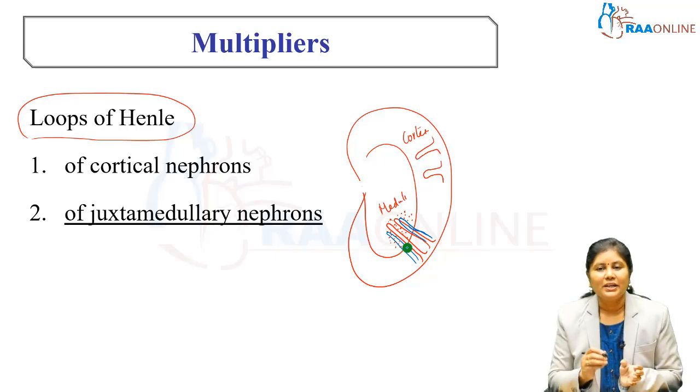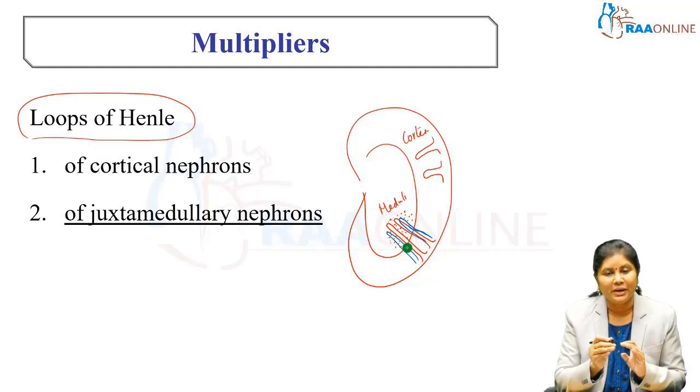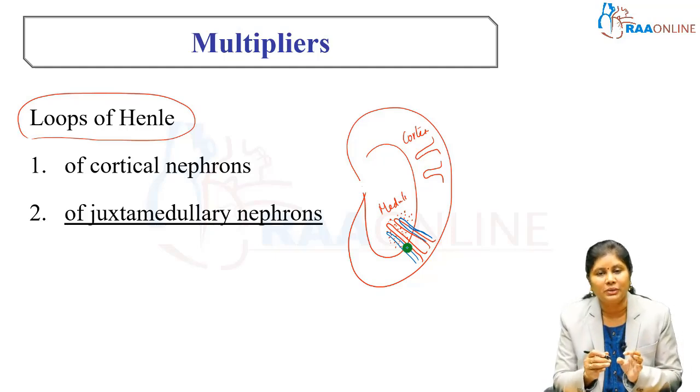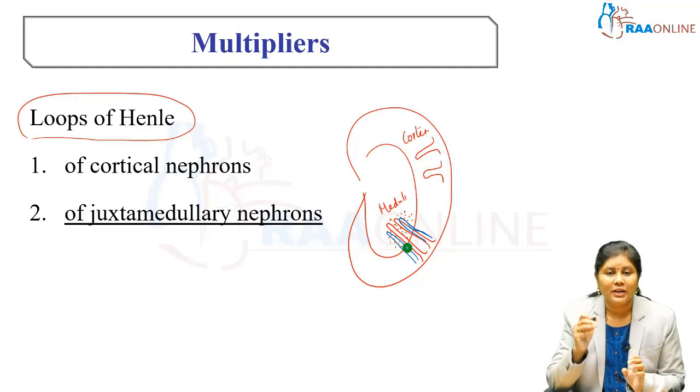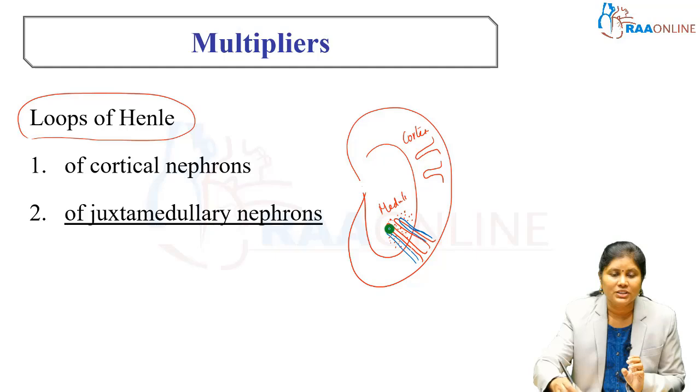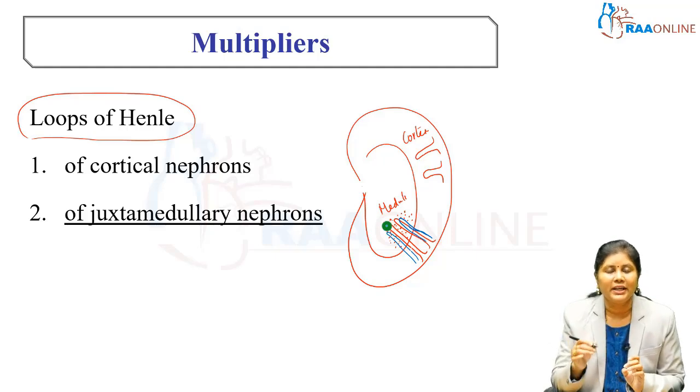Parallel to the juxtamedullary nephrons, you have that long loop of vasa recta blood vessels. These are nothing but the peritubular capillaries that are also present near the juxtamedullary nephrons. So, whatever hyperosmolar gradient is created by the loop of Henle of the juxtamedullary nephrons is maintained by the vasa recta. That is the idea.